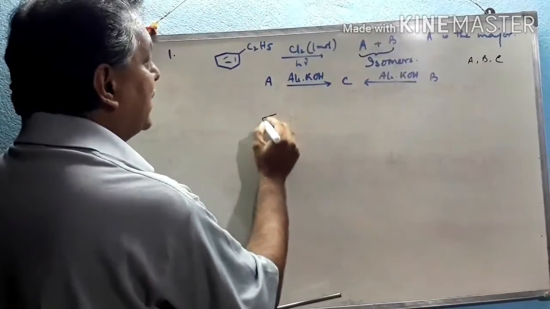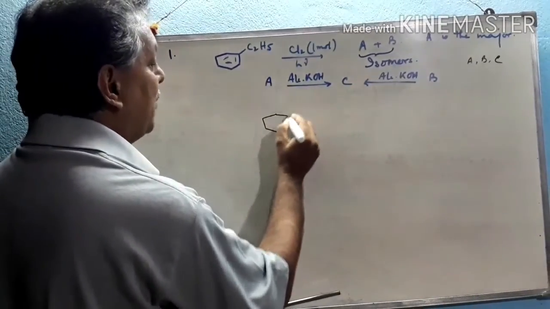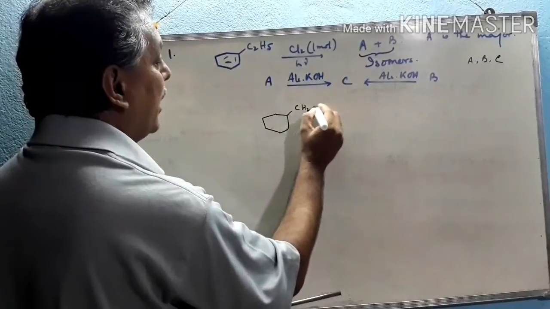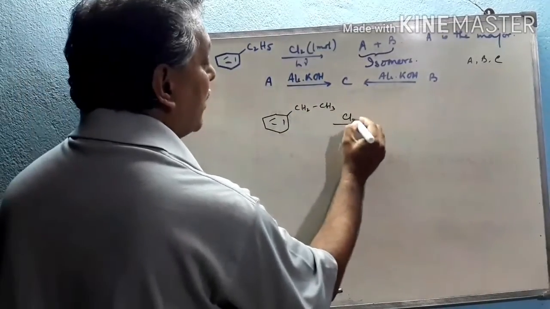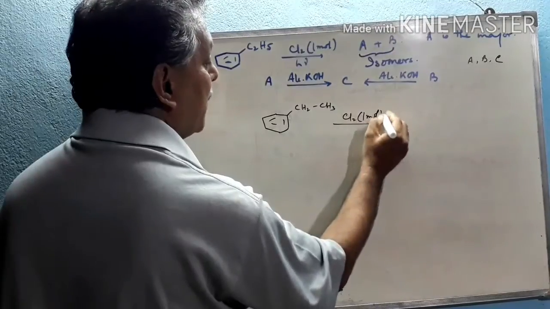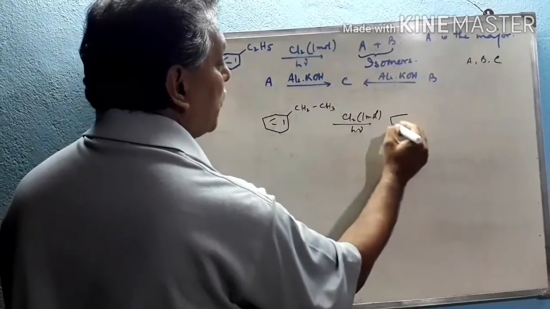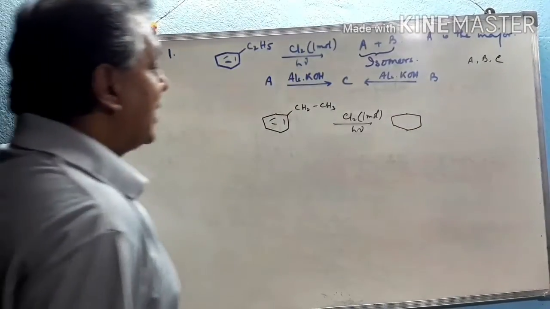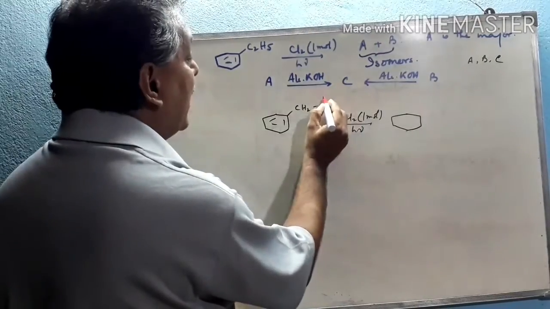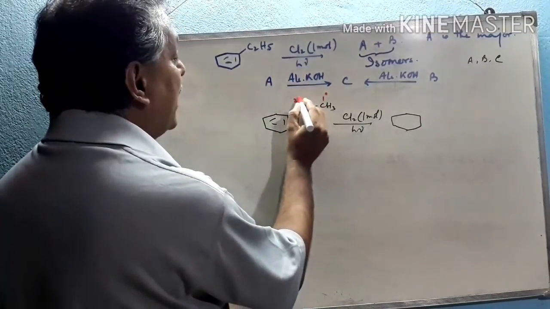First, ethyl benzene when treated with chlorine, 1 mole in presence of h nu, produces two different products, because here the CH3 group is 1 degree and this CH2 is 2 degree.